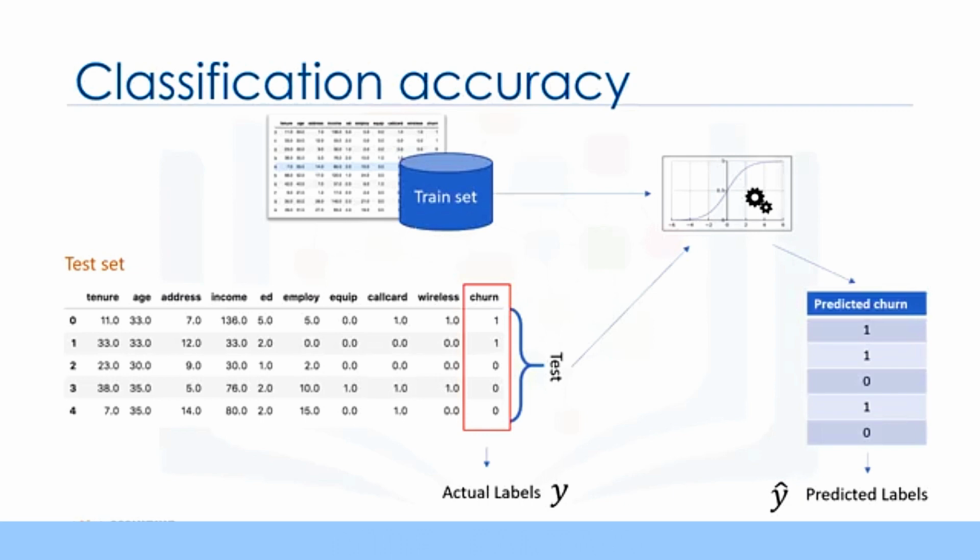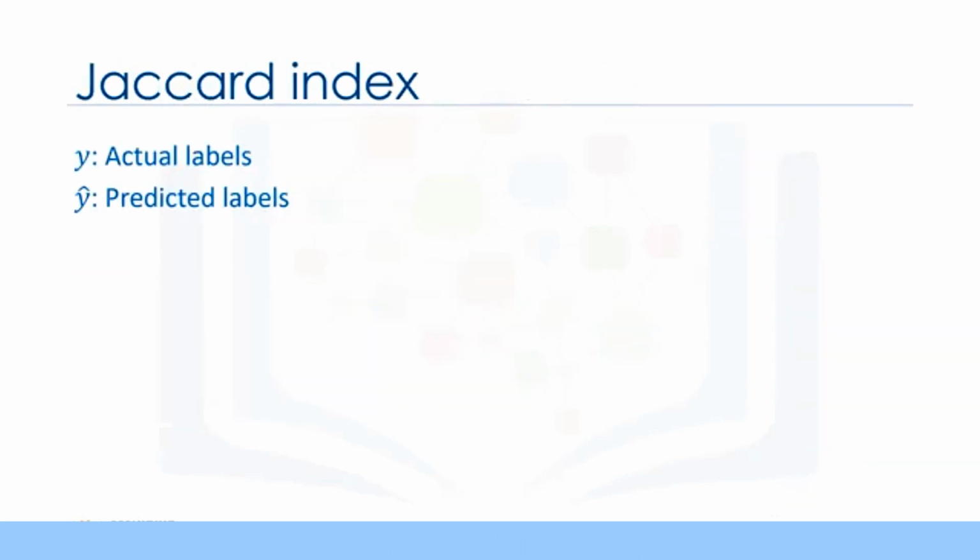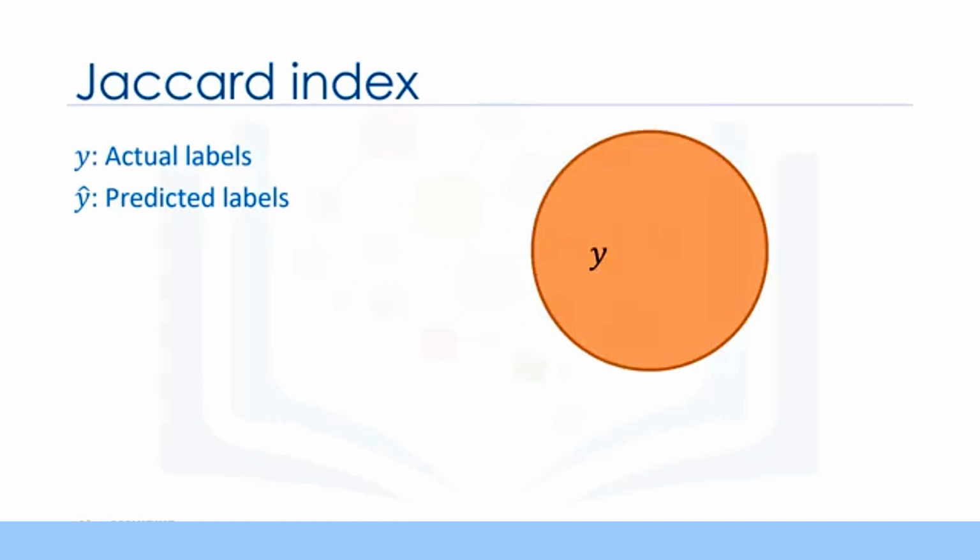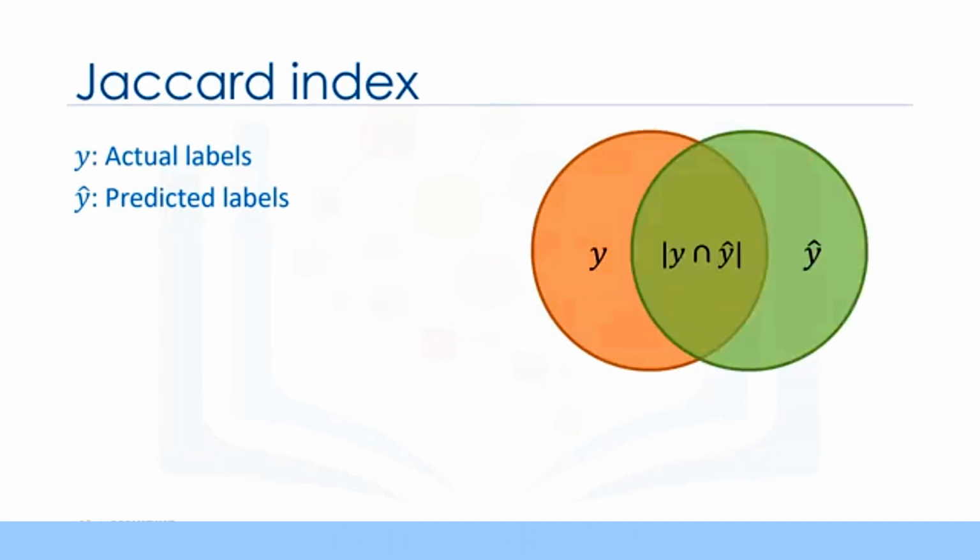There are different model evaluation metrics, but we just talk about 3 of them here. Specifically, Jaccard index, F1 score, and log loss. Let's first look at one of the simplest accuracy measurements, the Jaccard index, also known as the Jaccard similarity coefficient. Let's say y shows the true labels of the churn dataset, and y hat shows the predicted values by our classifier.